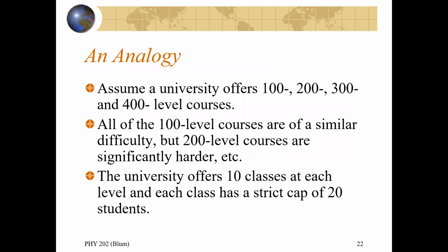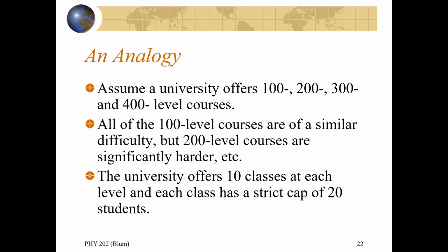Okay, now the analogies. Forget the chemistry, forget the levels. I never liked chemistry anyway. Let's see if we can understand this as an analogy. We have some university. The university has 100, 200, 300, and 400 level courses. It's not like this place. You might have a 100 level course here that was next to impossible, and a 400 level that you breeze through.